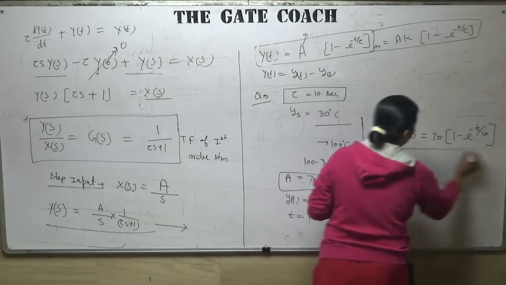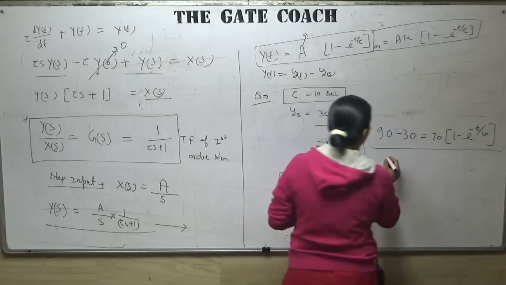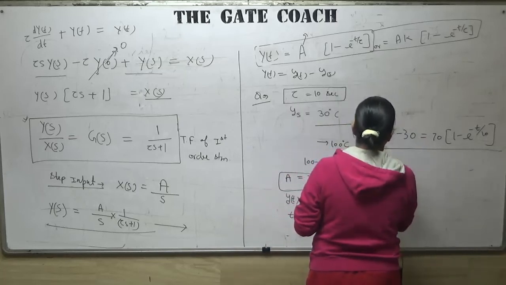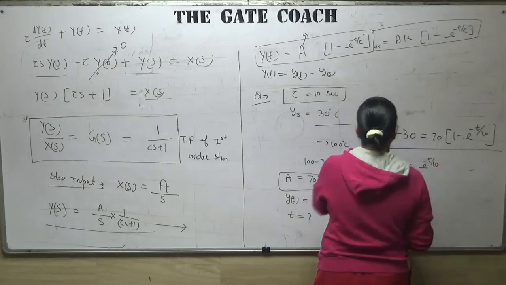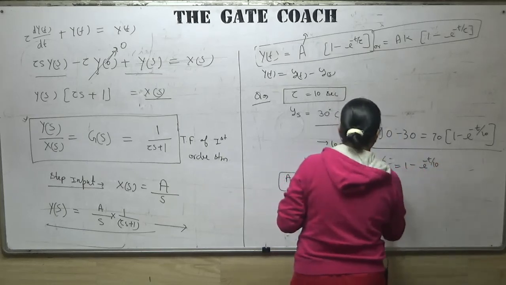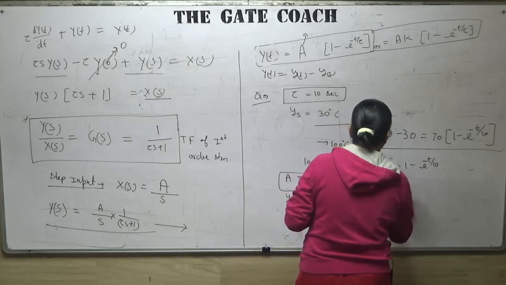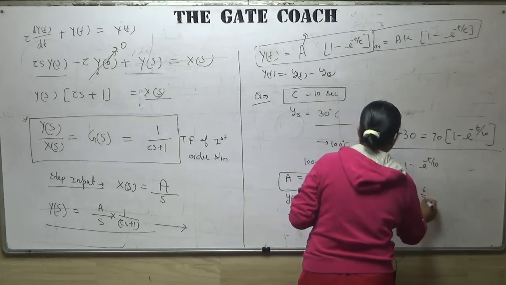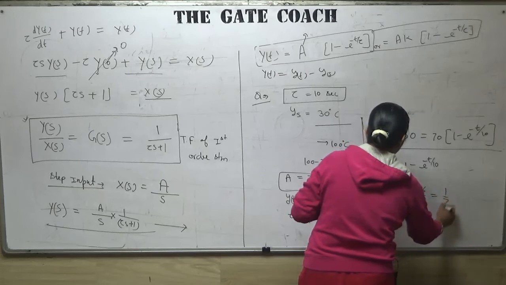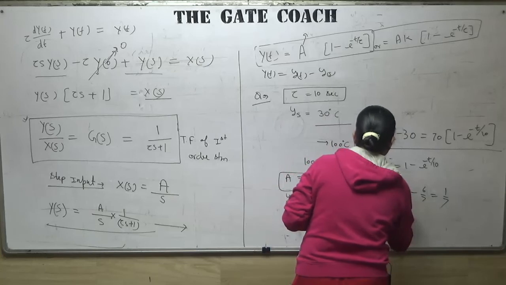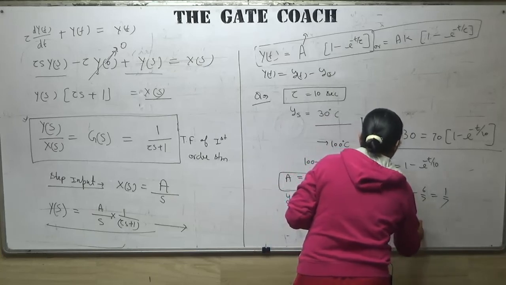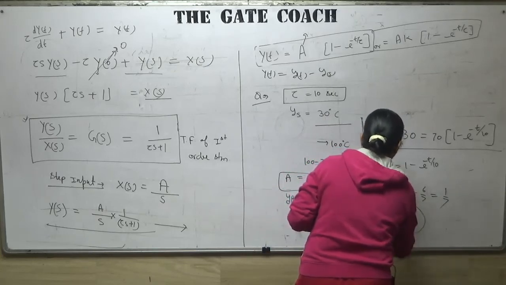You have to calculate t from this equation. 90 minus 30 is 60, or this will become 6 by 7 is equal to 1 minus e to the power minus t by 10, or e to the power minus t by 10 is nothing but 1 minus 6 by 7, which is 1 by 7. Just take the logarithm on both sides. e to the power minus t by 10 is equal to 1 by 7. Solve this.